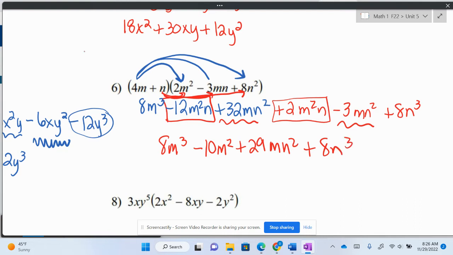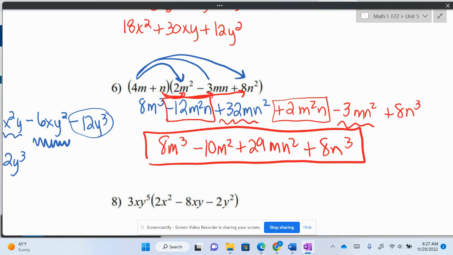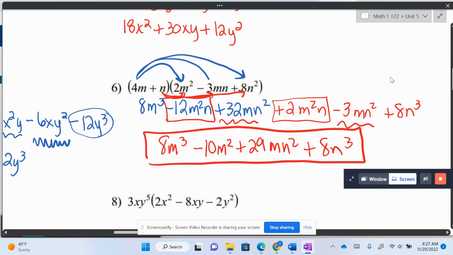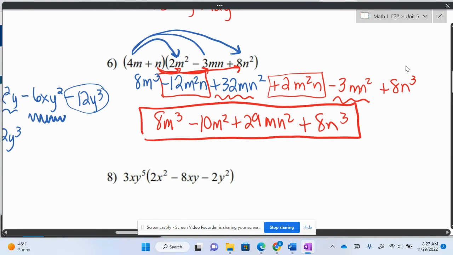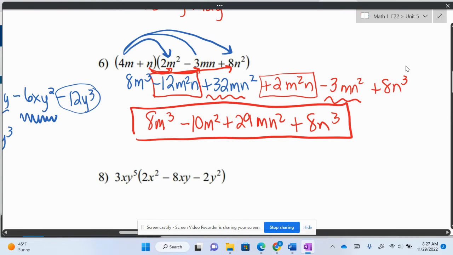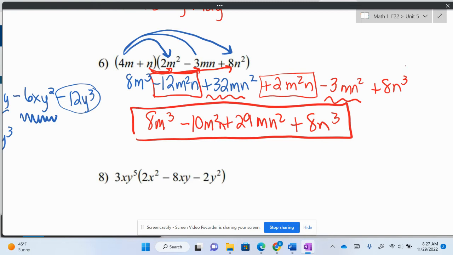Who's ready to share their answer? Rosie, did you get it? That's exactly what I got. So positive 8m cubed minus 10m squared n plus 29m n squared plus 8n cubed.